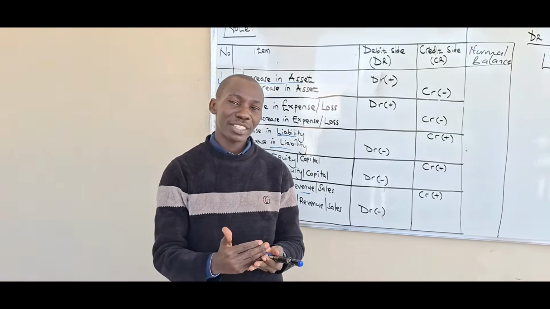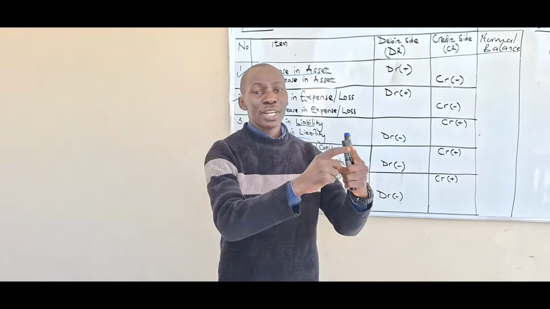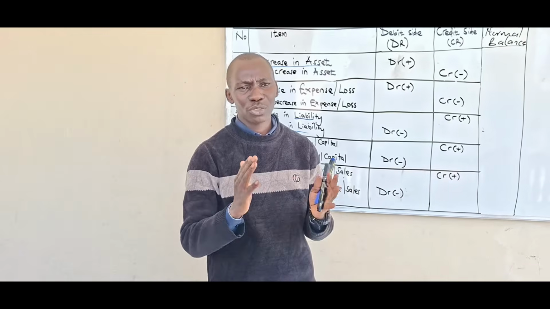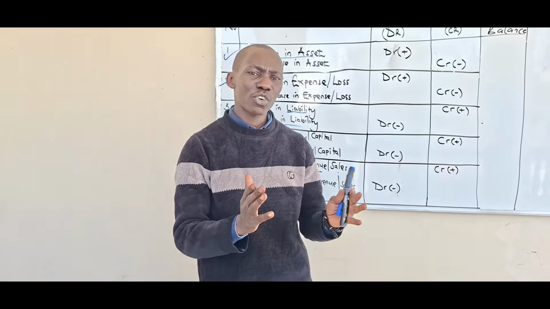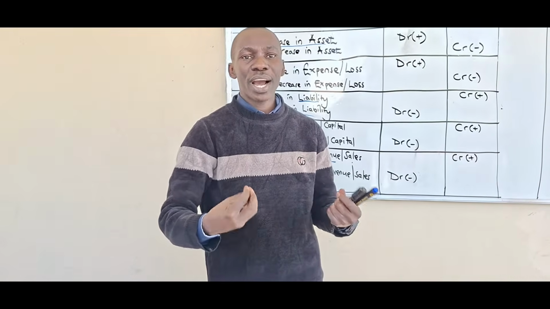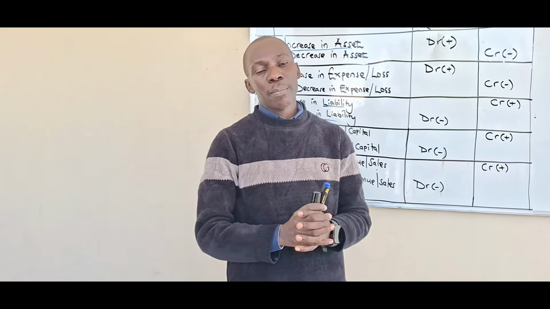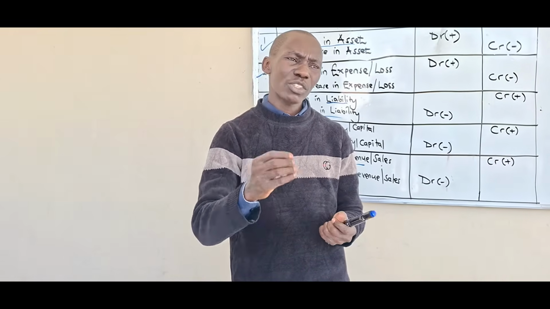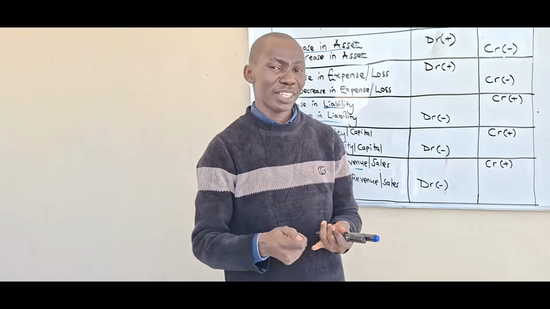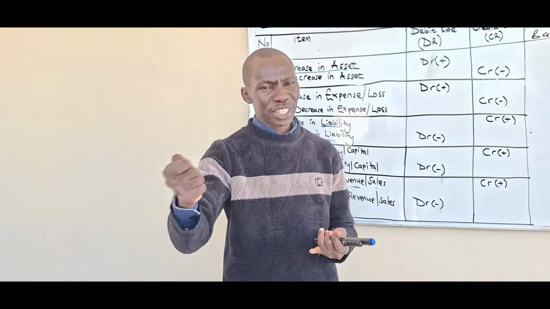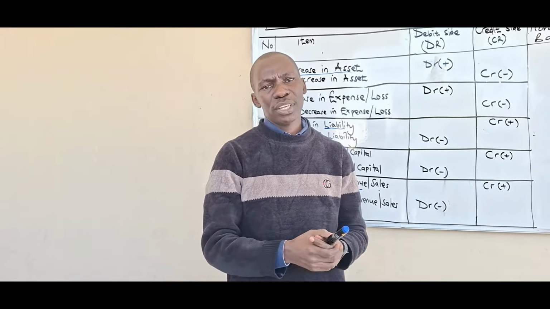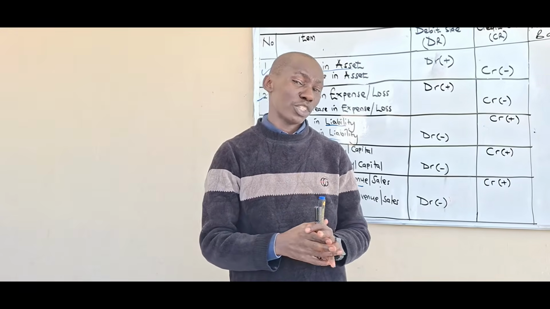After balancing, even before submitting for marking, you can mark yourself and see that this is the wrong account, I have not recorded it very well, because we have the expected balances for particular accounts. So the moment you expect the normal balance to be on the debit side, closing balance on the debit side, and then you find it on the opposite, just know there is a problem with your posting.